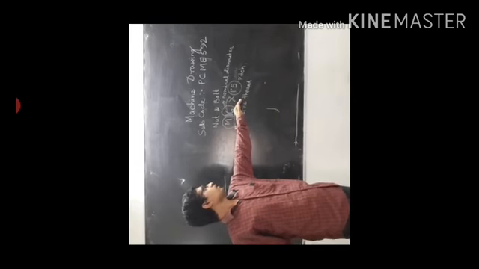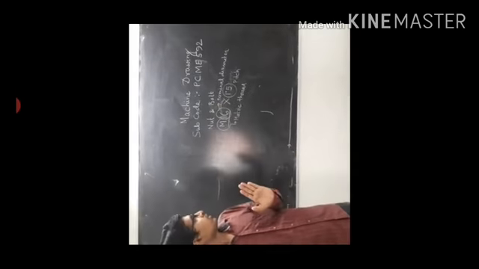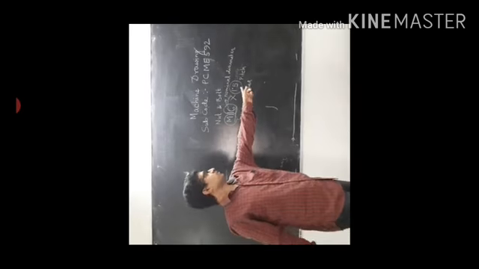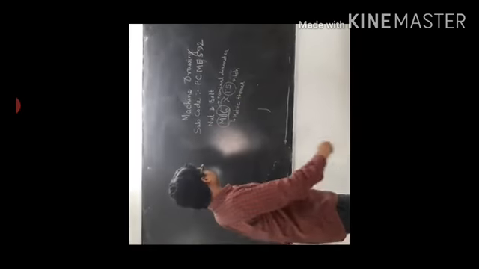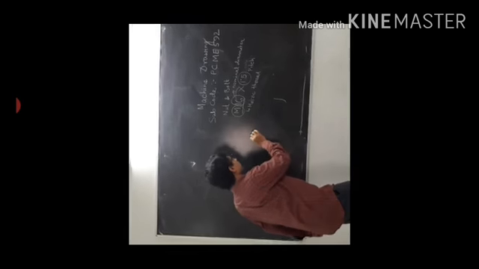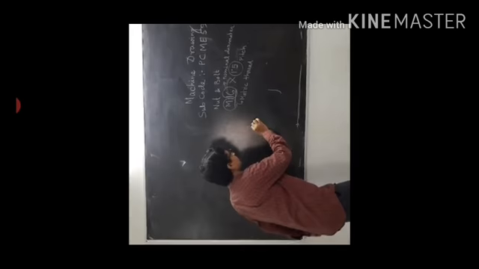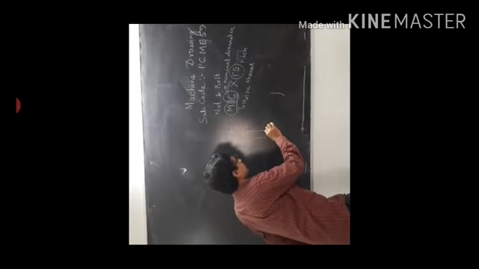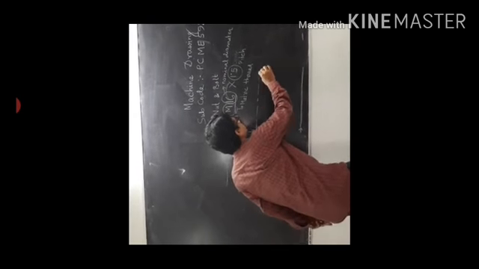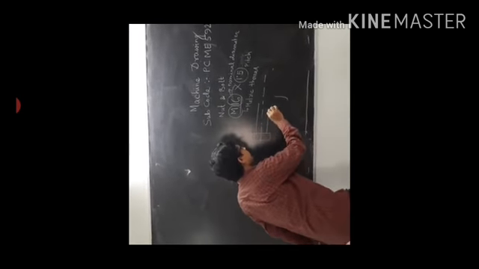You have to complete the nut and bolt drawing with the help of different empirical formulas. Suppose in the case of a bolt, there is a bolt head and this is the shank part.